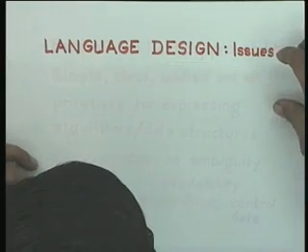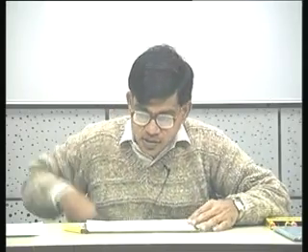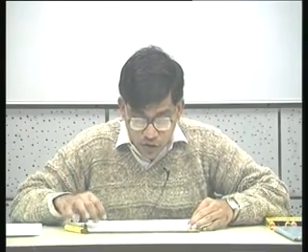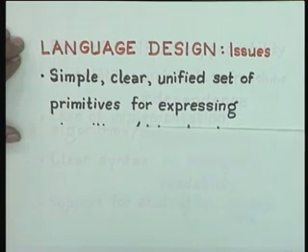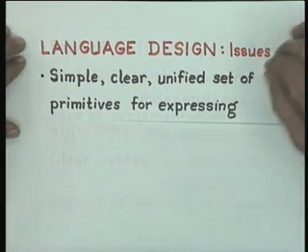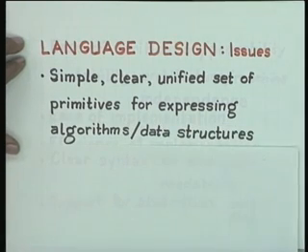So, one very major issue that the language Pascal has taught us is that it is a very good idea for a language to have a simple, clear and small set of unified primitives for expressing basically all your algorithms and data structures.